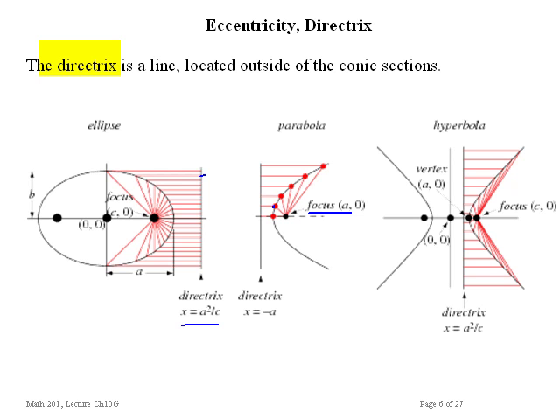For the hyperbola, similar situation. The directrix is at a squared over c again. It's lying between the two branches, and we're going to look at the distance from the focus up to that point P, and then the distance from point P back to the directrix. And from that, we're going to develop the polar form of the equations for the conic sections.